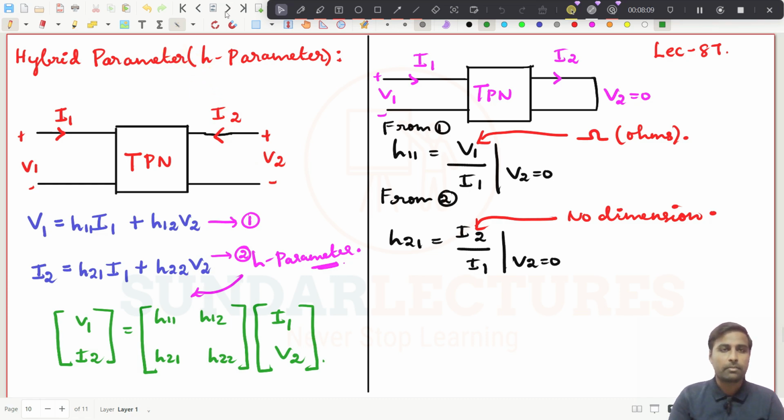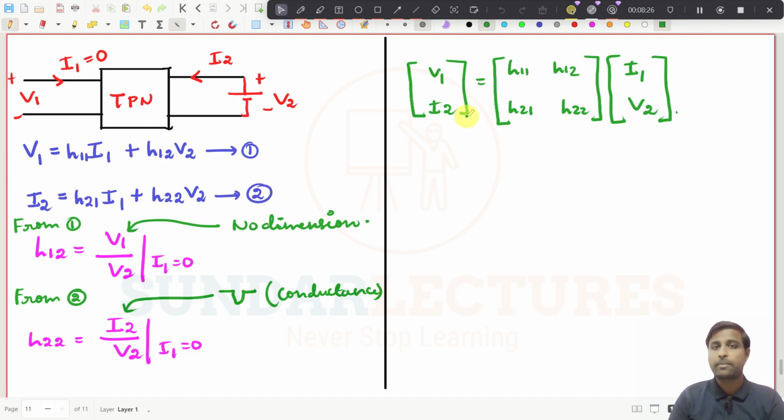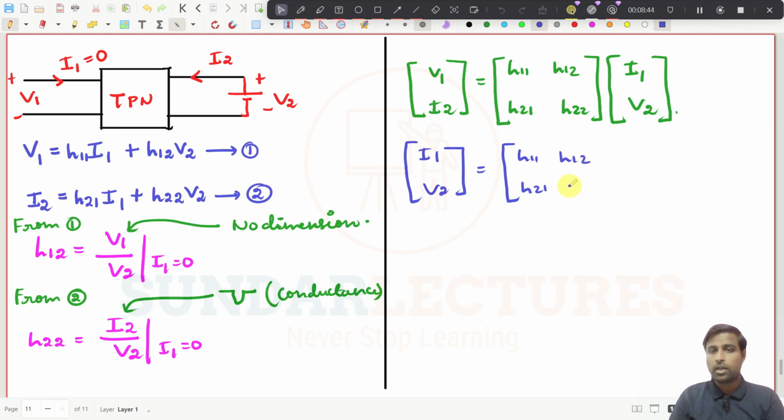Now the next, maybe from here I will write down the expression anyhow. What will be the expression? This is I1 and this is I2. Sorry, not I2. And you see this is the H parameter, right? So now what we can do, you just keep I1 and V2, and you just bring this H parameter, that means H11, H12, and then H22 inverse, and it will be V1 and I2.